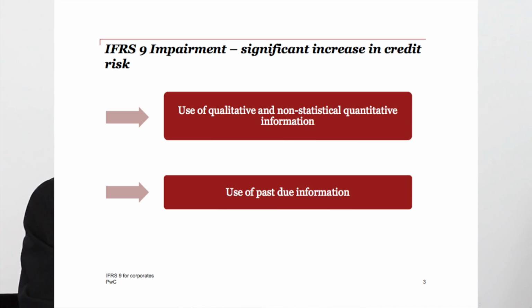Another thing that might be quite helpful is past due information. Past due information, of course, shouldn't be the only information that is used. If there's forward-looking information available that is reasonable and supportable, then of course this should be used. But nevertheless, past due information can be a hint, can be something that helps. And in IFRS 9, there's this rebuttable presumption that if a payment is past due for more than 30 days, then there is a significant increase in credit risk.